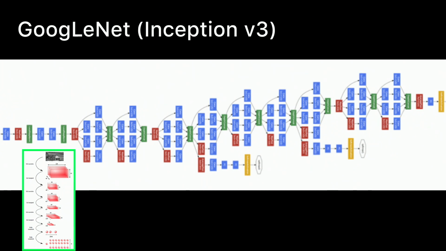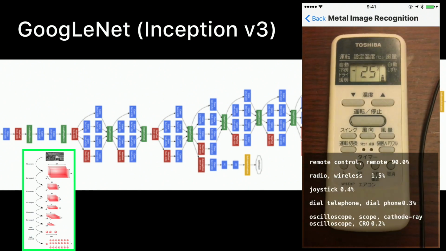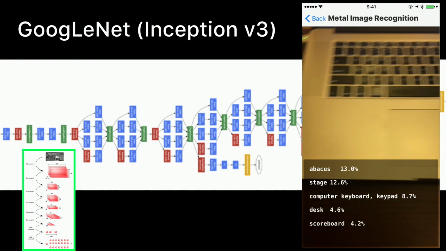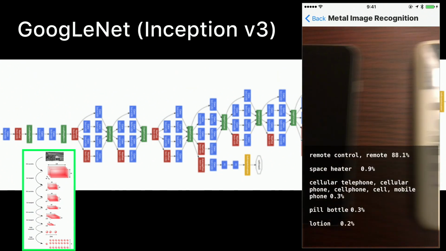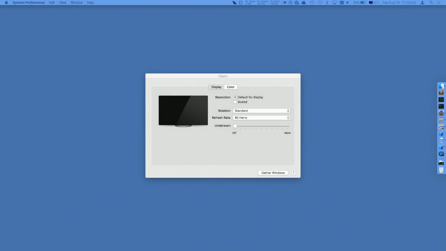GoogleNet is used for the inception model, and the inception model is the network used in this image recognition sample. This sample is based on Apple's official sample code. So let's see Apple's implementation of GoogleNet in the sample.